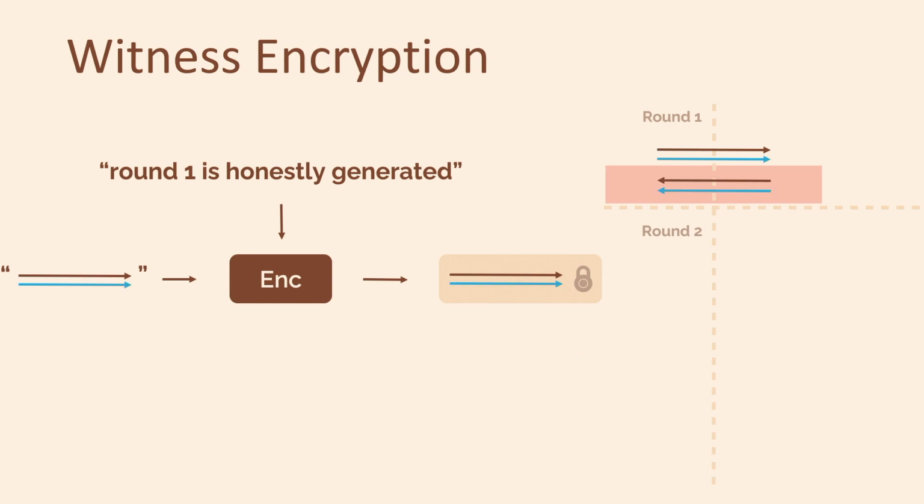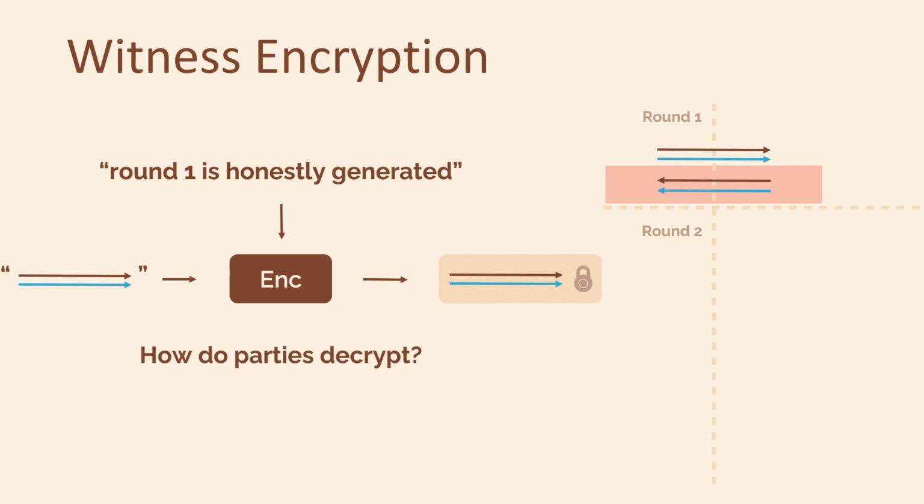On the other hand, if the statement is false, so in our case, if round 1 is dishonest, then standard ciphertext indistinguishability holds. The encryptions don't reveal anything about the plaintexts. Notice that this seems to solve our problem, because in the dishonest case, if round 1 is dishonest, then the adversary learns nothing about round 2.